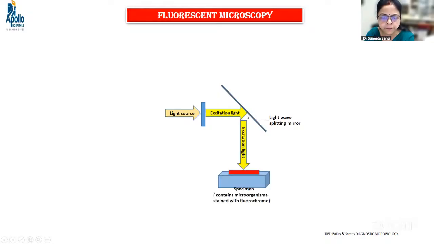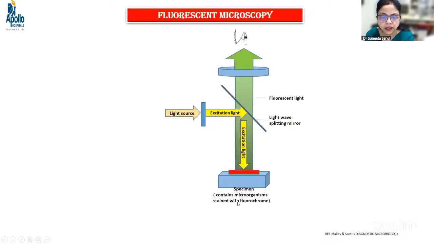Now, coming to fluorescent microscopy, here is a little bit of a schematic diagram of it. There is a light source, then there is an excitation beam. The light gets excited. It hits the light-splitting mirror. The excitation light then goes and hits the specimen, which contains the microorganisms stained with the fluorochrome.